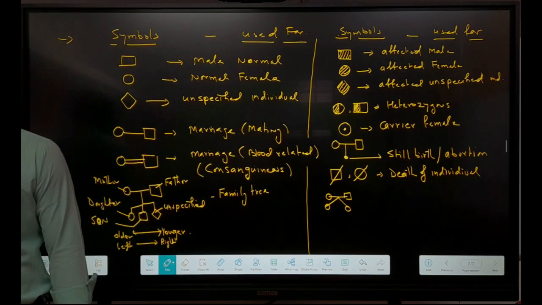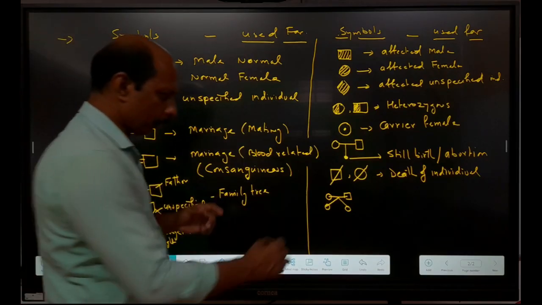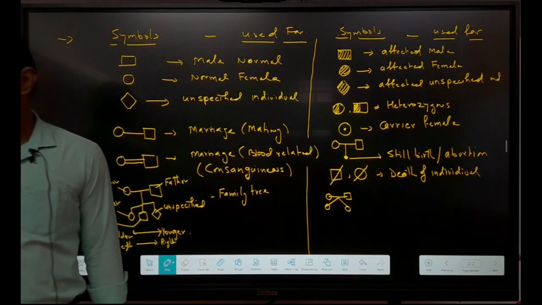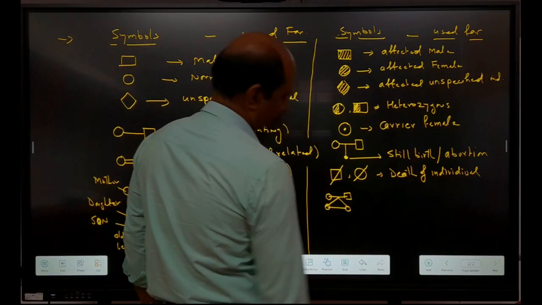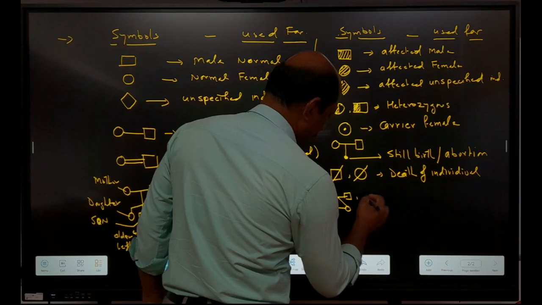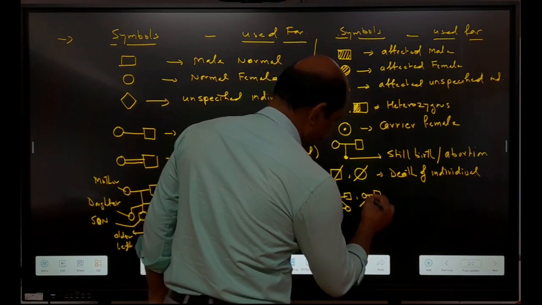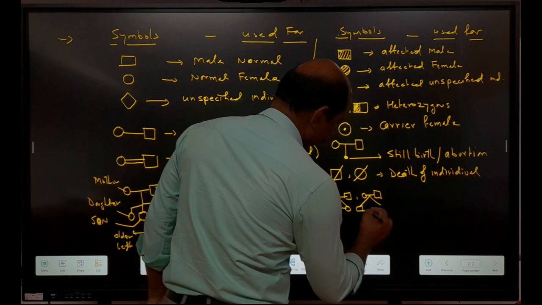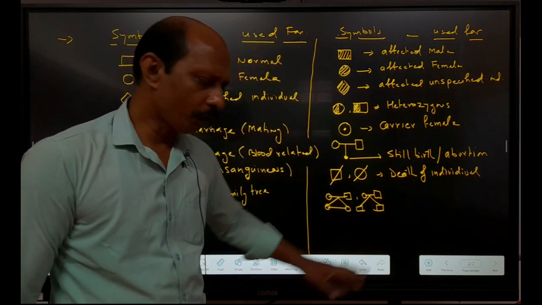right? Twins. If a line is also drawn in between, that means they are called monozygotic. There is only one option, either they both are male or both female.